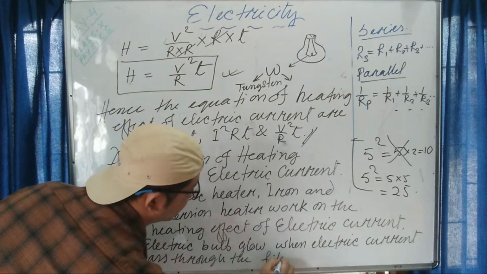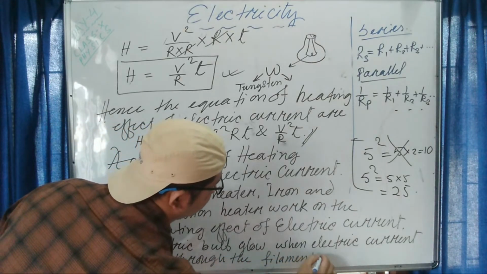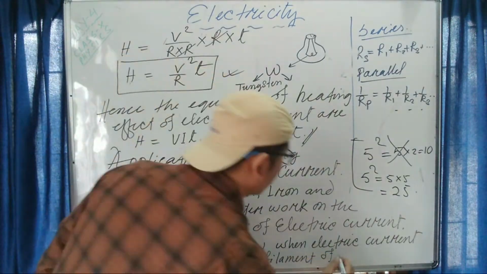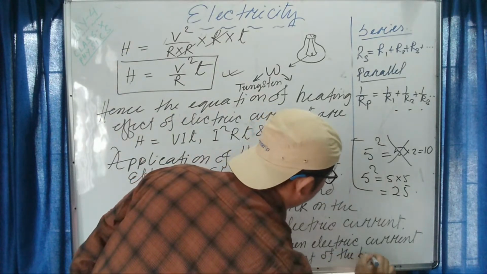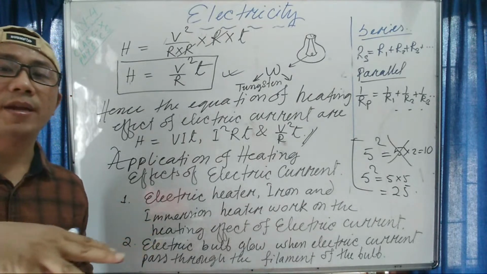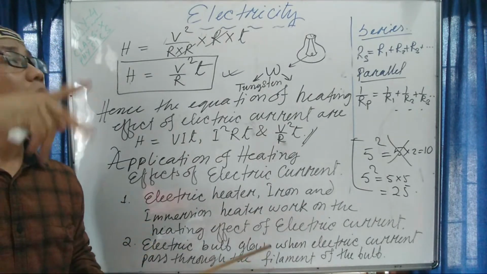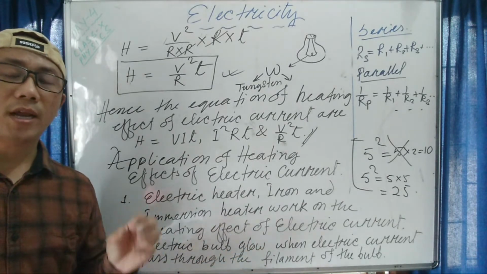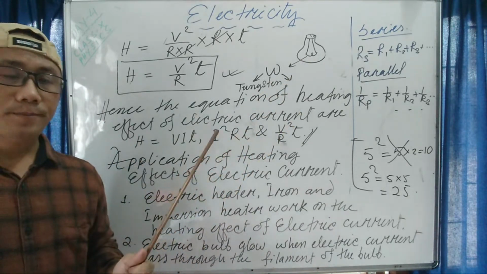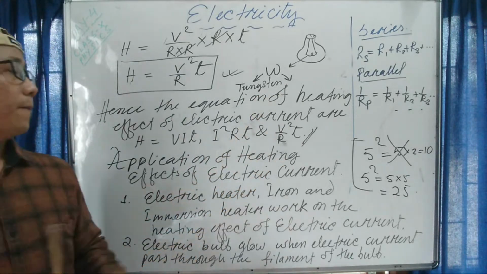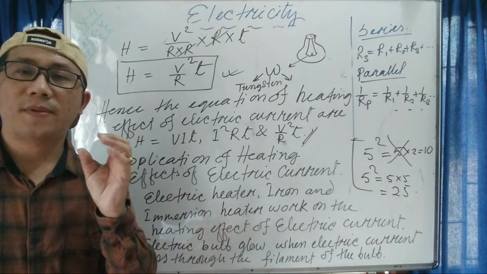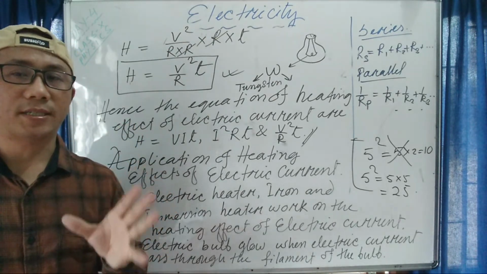We call it the filaments of the bulb. When we pass the electric current through the filaments of the bulb, the filament, this tungsten wire, gets heated and produces very bright light.